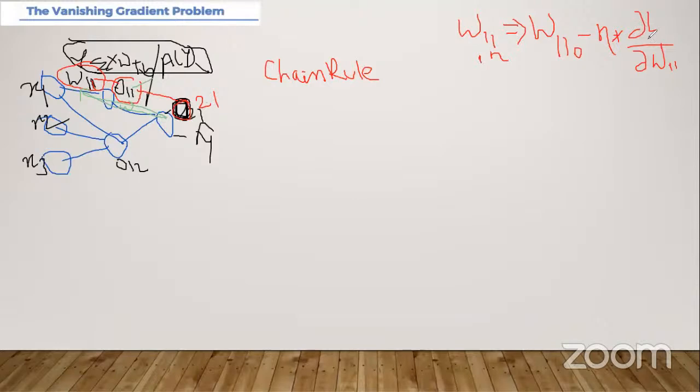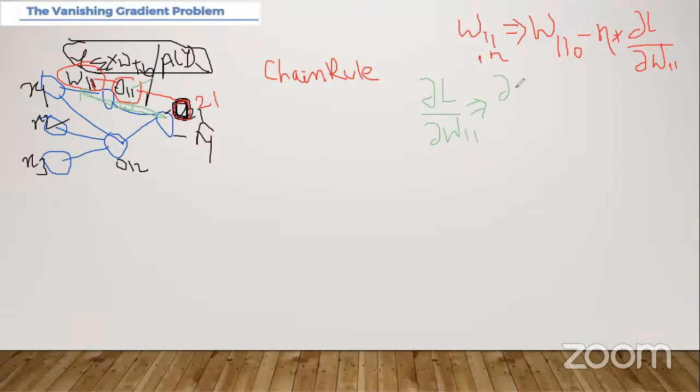So I will write the formula. I will try to break this derivative down further. But how can we break this derivative into further terms? Let's take this one: derivative of the loss function with respect to W11. I can write it again, since I understood that it is completely dependent on the previous layers' outputs and weights.